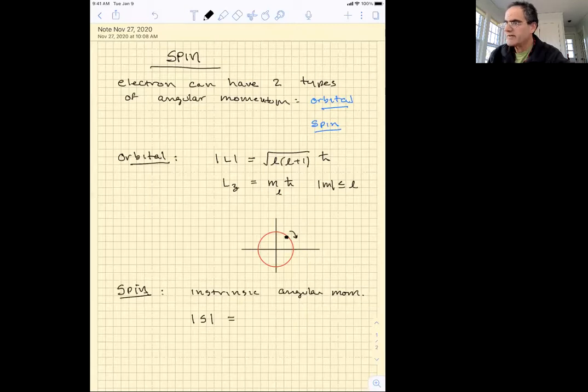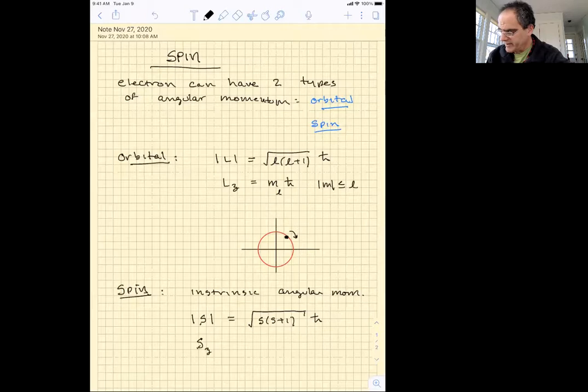The magnitude of the spin angular momentum is given by a quantum number s, like so. Don't confuse the capital S, which denotes the magnitude of the angular momentum, with little s, which is the quantum number.